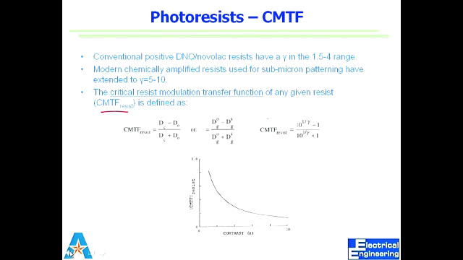It is given for a given photoresist. Ideally we want this to have a value closer to 1. These numbers D_C and D_0 come from that same first slide, which tells you the starting thickness and the ending thickness in both cases.